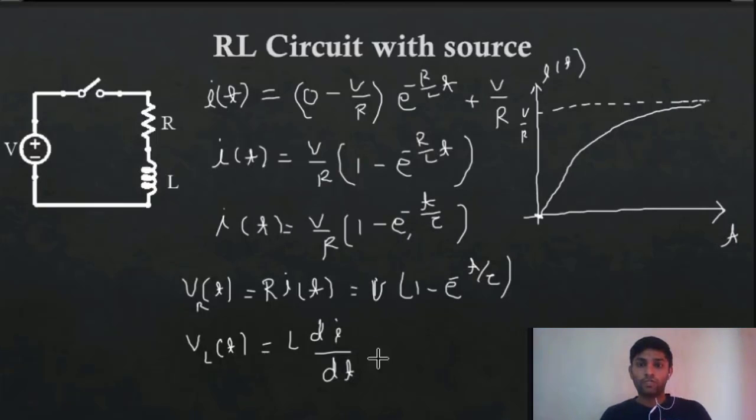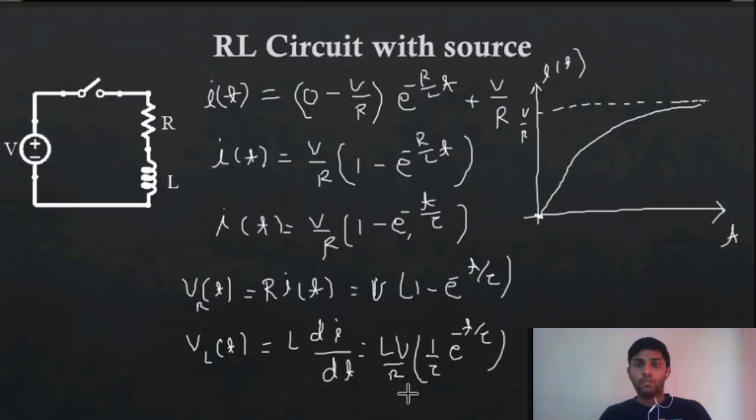Let me take the differentiation. You will get L times, and this is the constant term, so take V by R outside. The differentiation of 1 will be 0, and the minus of minus gives 1 by tau, e raised to minus t by tau.